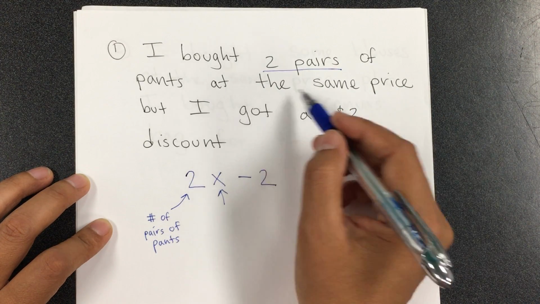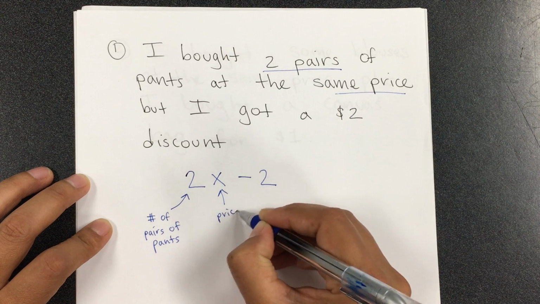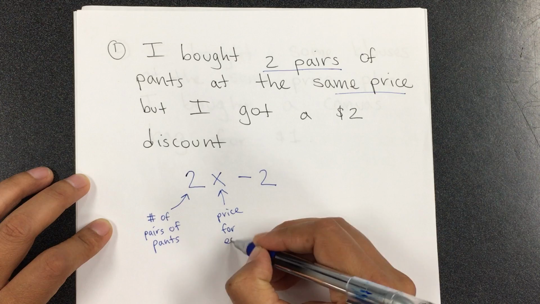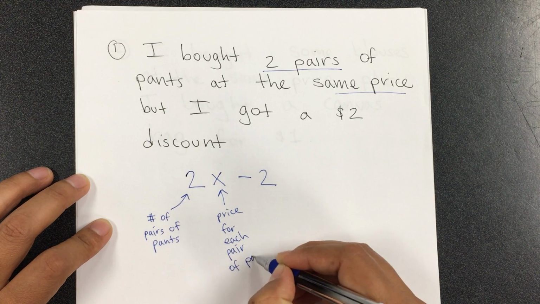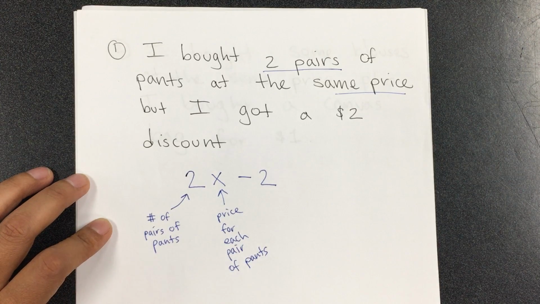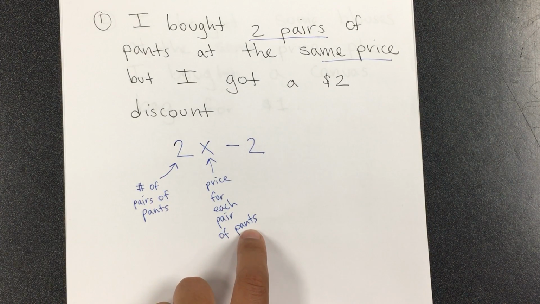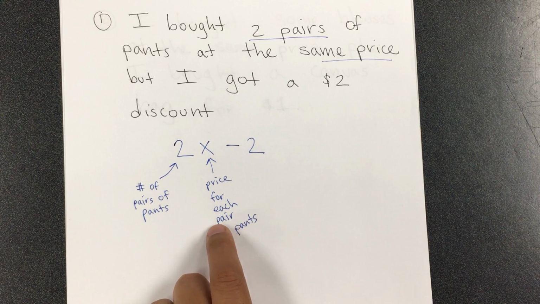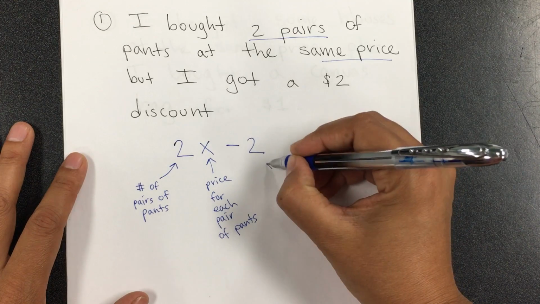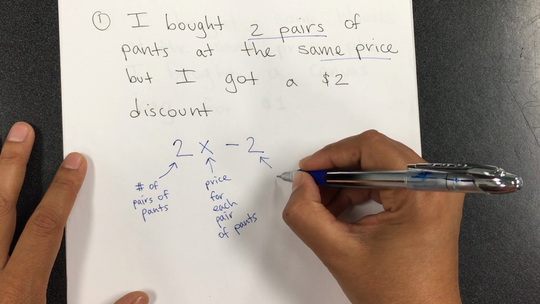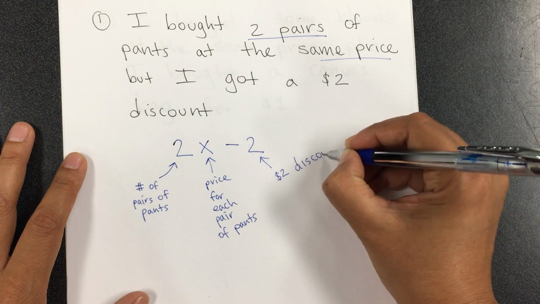The x is the price for each pair of pants. Now, I know that in Spanish it will be pantalones. It's just one. So the same thing, pair of pants just refers to one. Okay, and -2, it's the $2 discount.